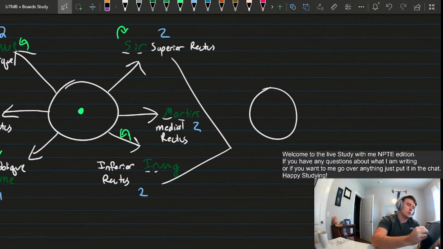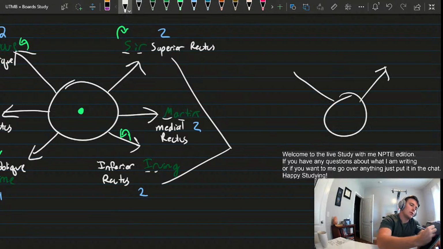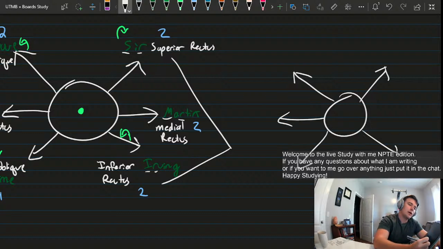Okay, so I always start with the patient's right eye, and I normally don't write the left eye, but you can. But if you do, you would start here.